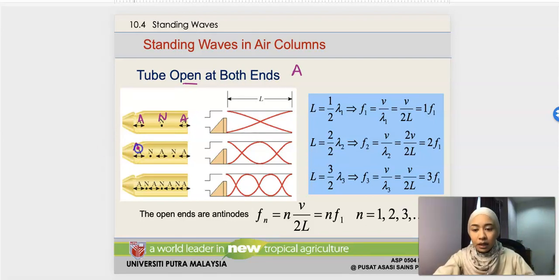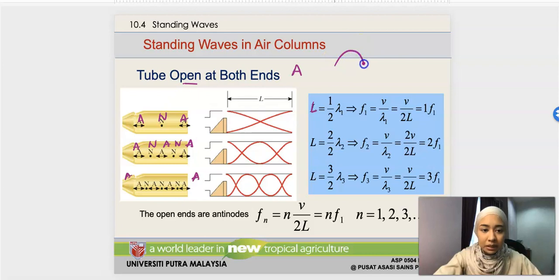Depending on how many loops you have, you have to write your length in terms of lambda. So we know that for a complete lambda, it should look like this. This is 1 lambda.